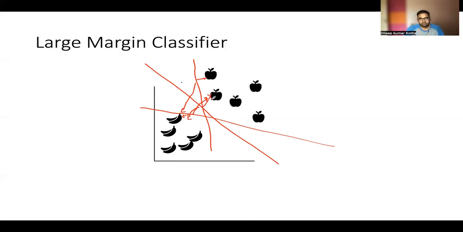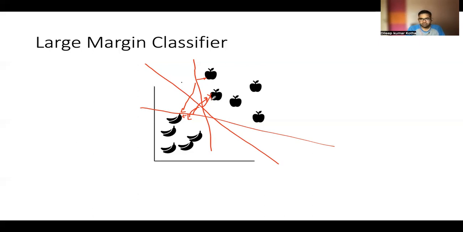Or say if you are going for multi-class classification, it is equidistant from all the classes. So that is what support vector machine is. And sometimes you will hear the term support vector classifier. It's the same thing, support vector machine, support vector classifier.